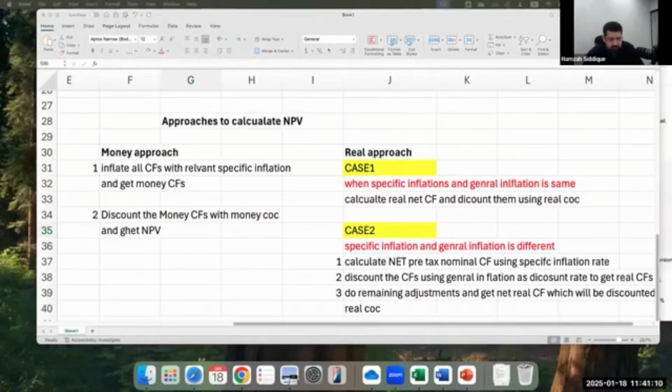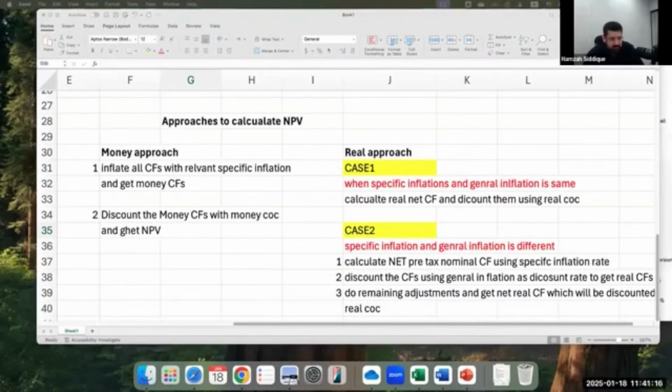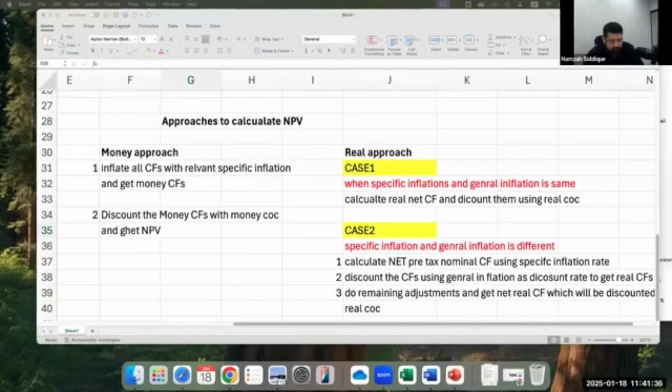Let me try to check whether we can do the question right now to understand it properly. Just a minute, please.